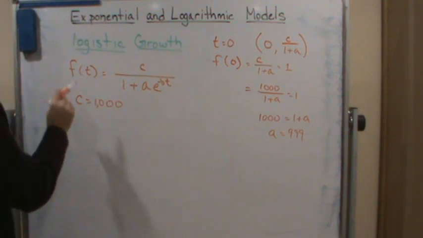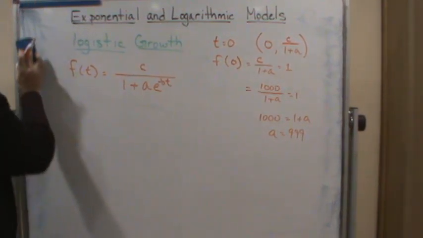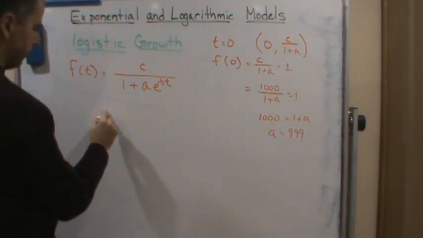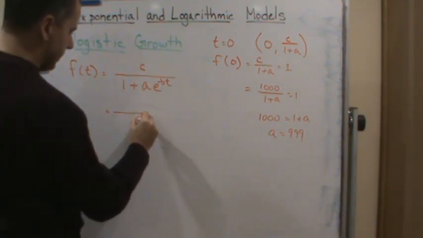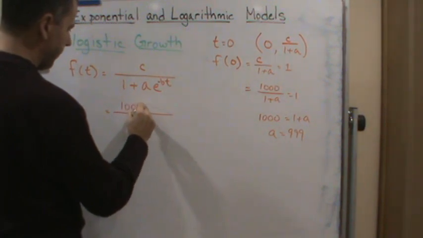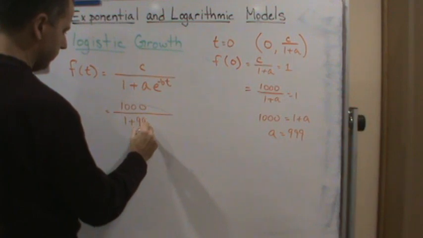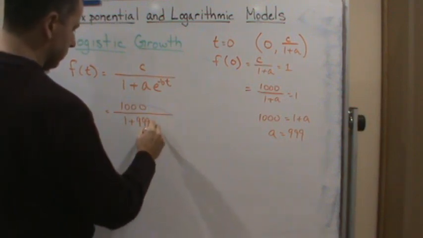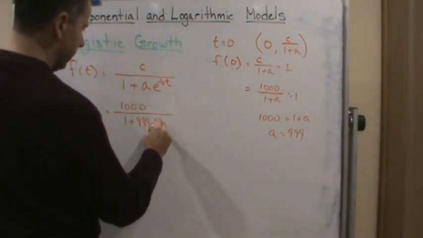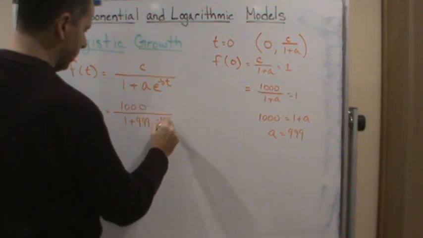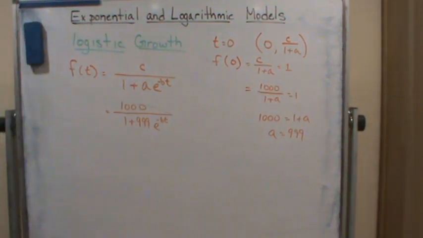So now what I'm going to do is fill my numbers in. So this is going to equal 1,000 over 1 plus 999 e to the negative bt. Okay. So now what other information do they give us that we can use? Well, let's see.